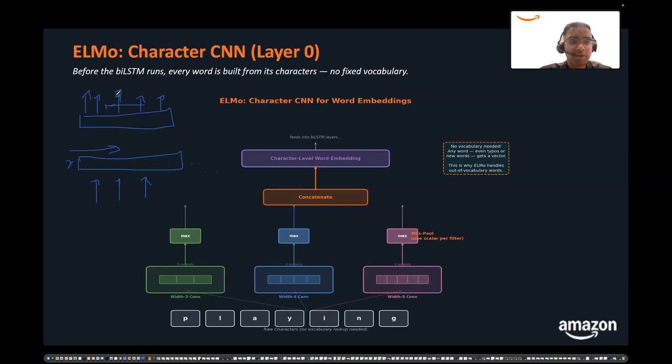Now these representations are going to be dependent on the context in which that particular word appears. That's the most interesting part. We were trying to figure out how to make it dependent on the context.